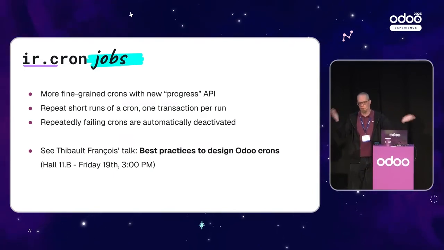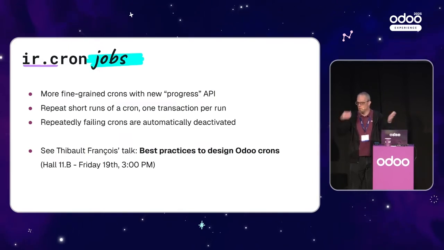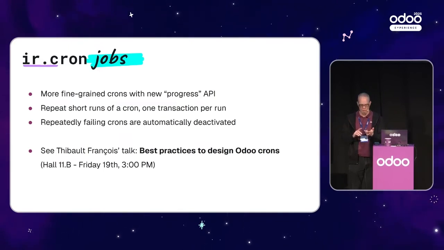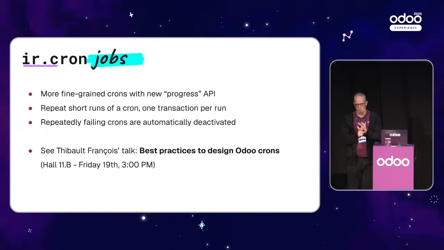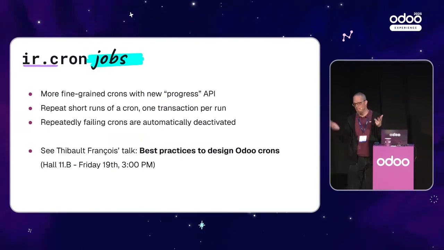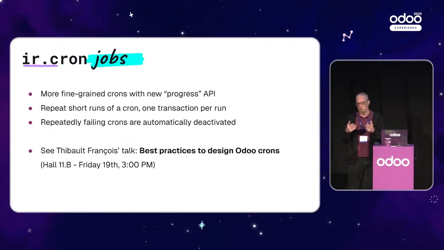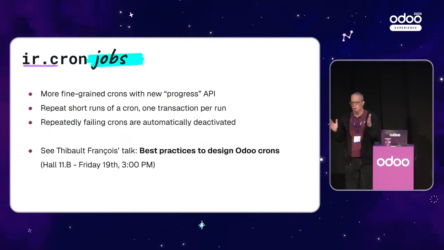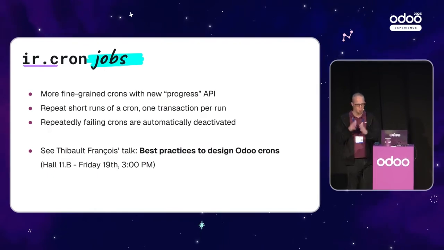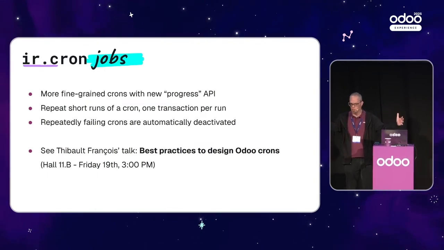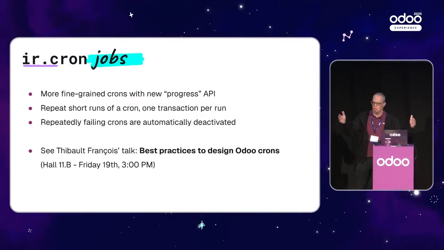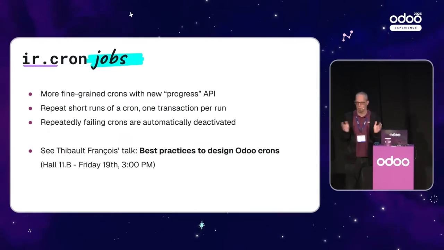Therefore, they're more likely to fail just because, bad luck, someone changed the data. Or they're also more likely to be slow, just because the longer a transaction lasts, the more data it processes and modifies, the more memory Postgres has to keep for the data of that transaction, and the slower it becomes over time. That's something we've noticed.